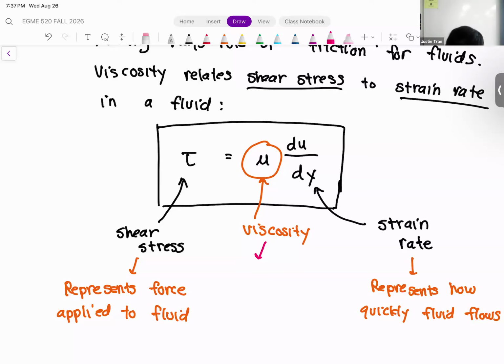So if you have high viscosity, so mu is a relatively high number, then in order to get the fluid to flow, you have to apply a lot of shear stress.